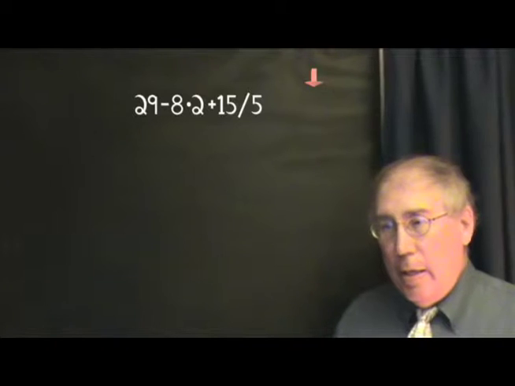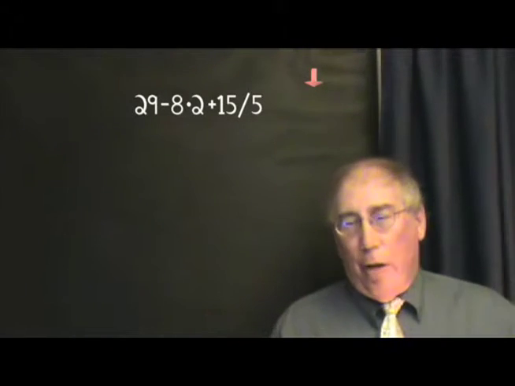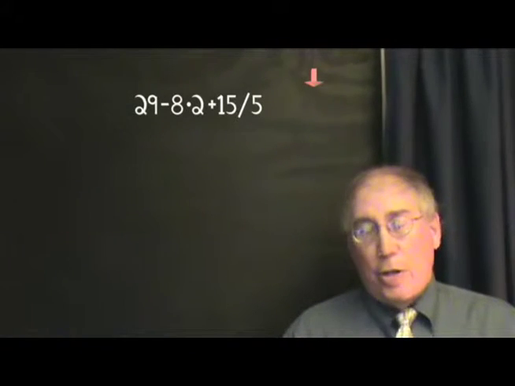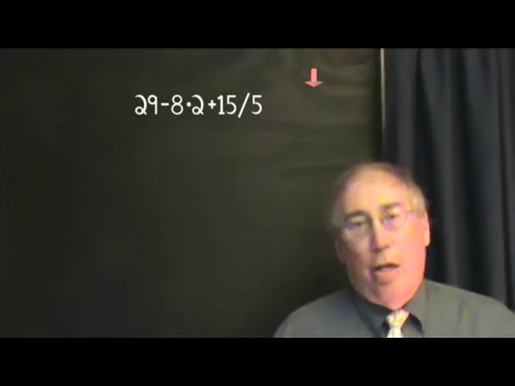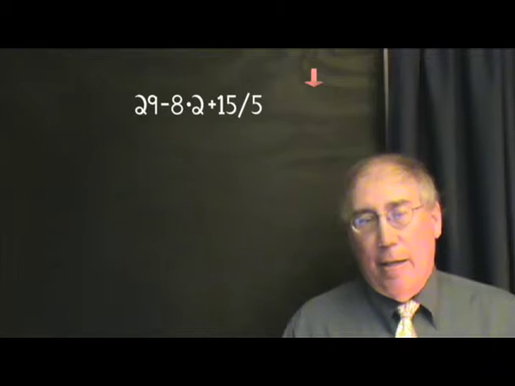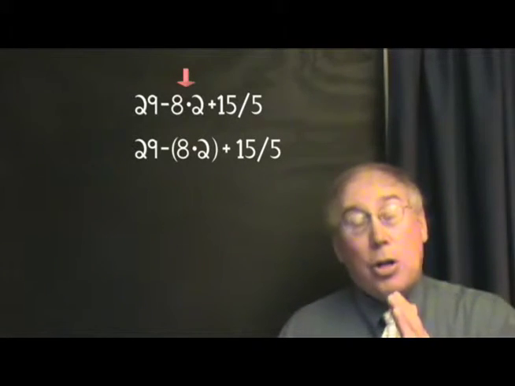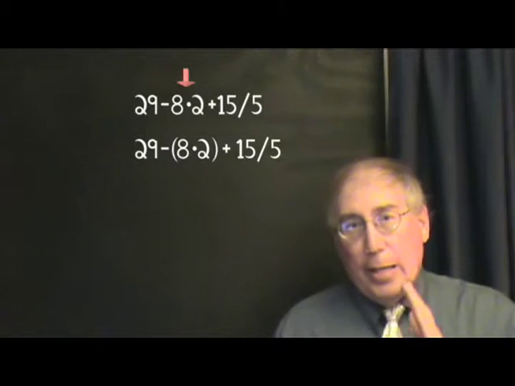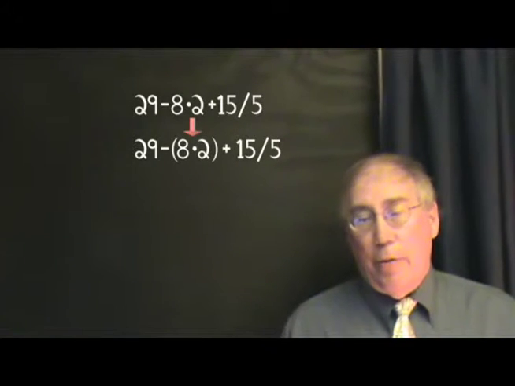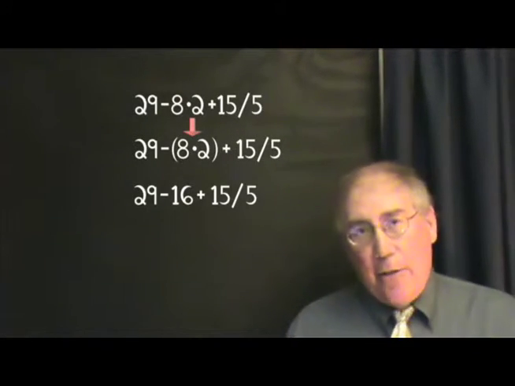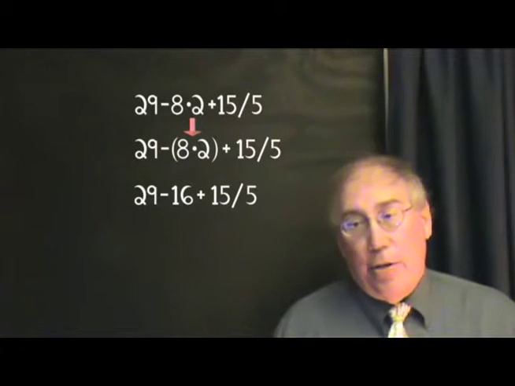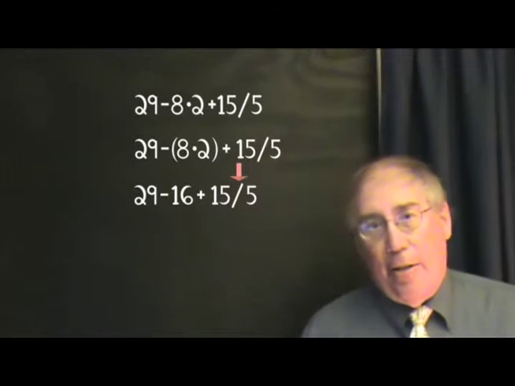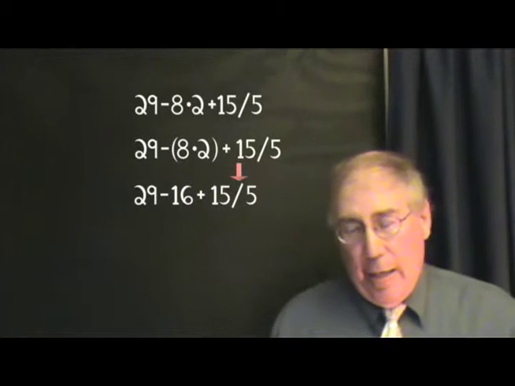Next problem involves all the operators: subtraction, multiplication, addition, and division. Start from left to right. We come across multiplication, so we're going to multiply 8 times 2. That will give us 16. And then just move next door and do the 15 divided by 5, and that will give us 3.